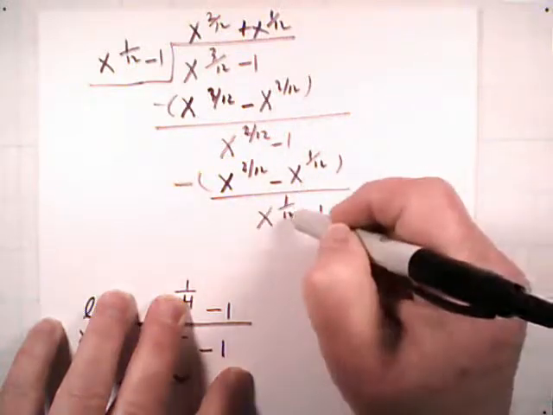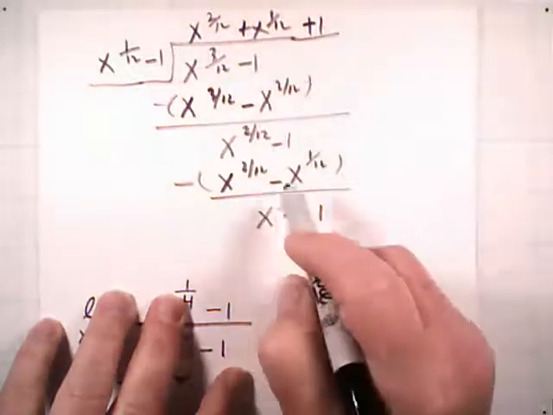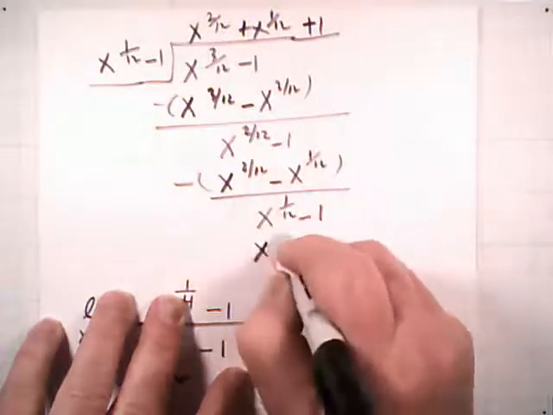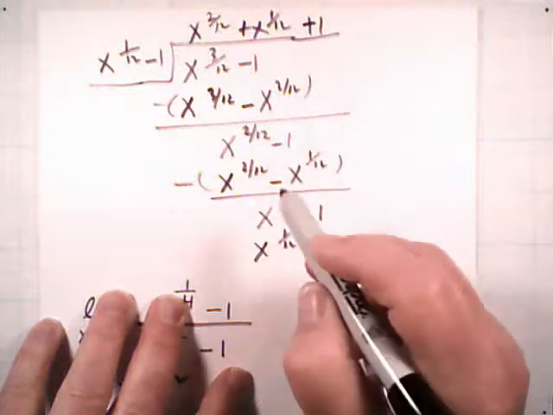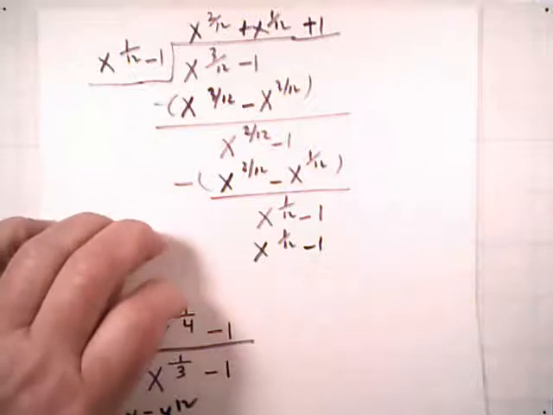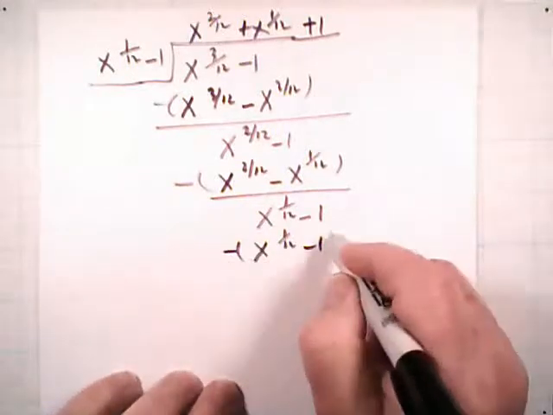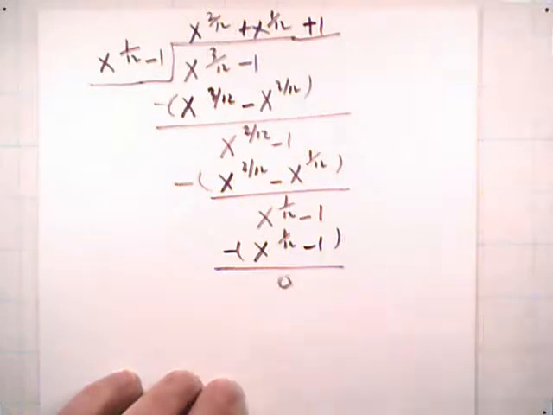x to the 1/12 goes into x to the 1/12 one time. Multiplying, 1 times x to the 1/12 we get x to the 1/12, and 1 times minus 1 is minus 1. Subtracting, we have a remainder of 0.